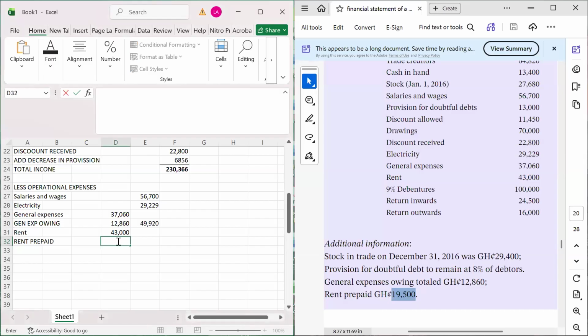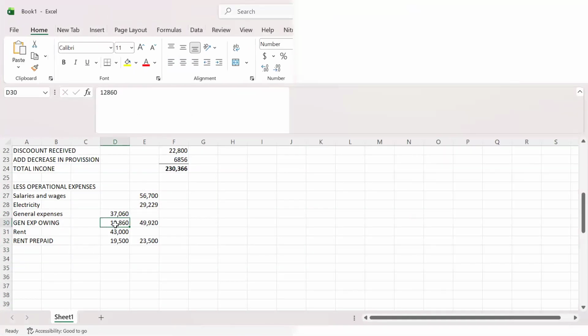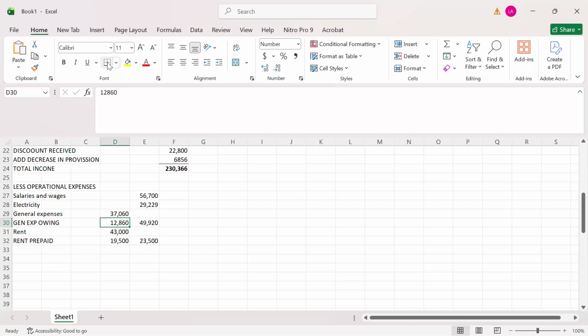So this one is equal to this amount minus this amount. Are we together? Yes, sir. Okay. This one is outstanding, so we add. This one is prepaid, so we subtract. Okay.